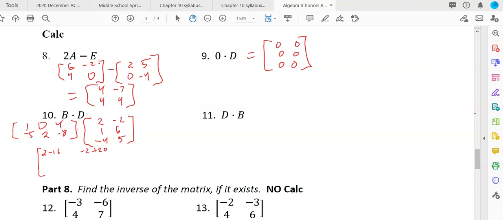Bottom left will be bottom row, left column. So negative 5 times 2 is negative 10, plus 2, plus 32. And the bottom right, this will be 5 times negative 2 is 10, plus 12 minus 40. So we get negative 14, 18.